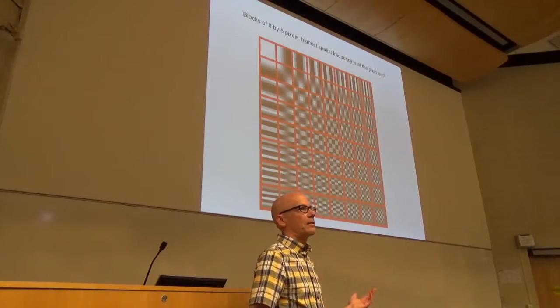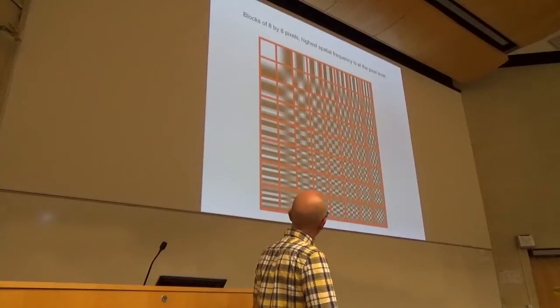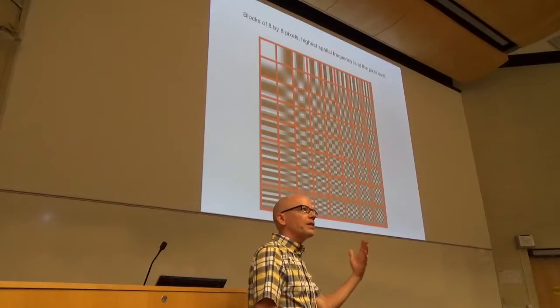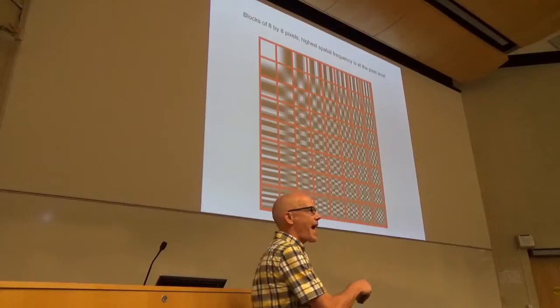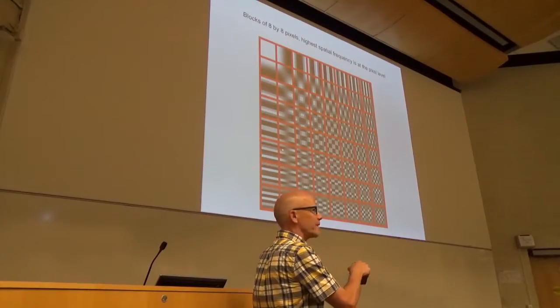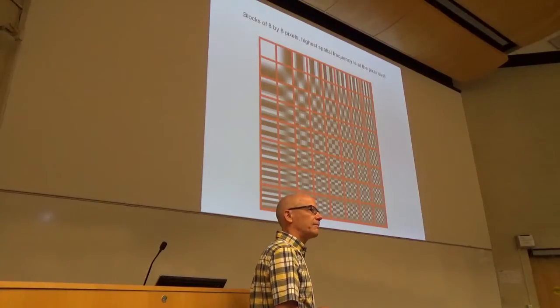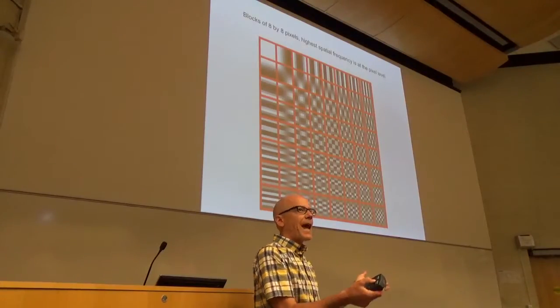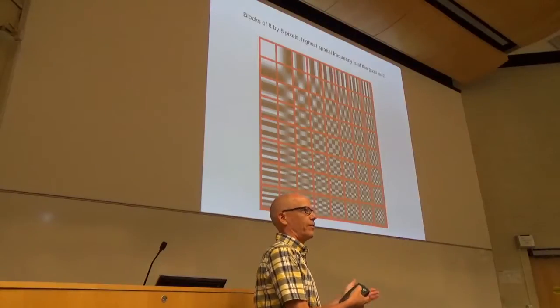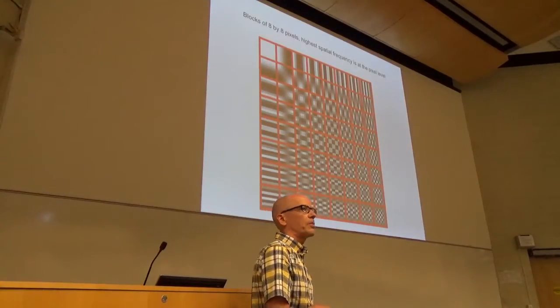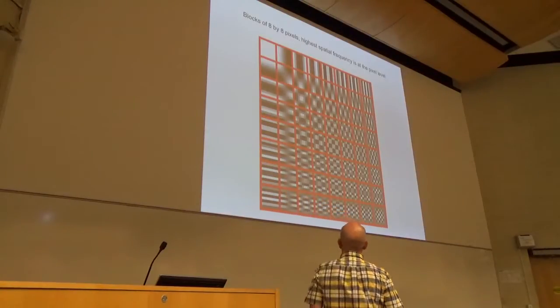That's the idea behind JPEG. So what do you do with that? If your particular pattern does not have this frequency in it, you don't need it. You throw it out. That's the act of compression: removing the information that you don't need to store in order to reproduce a particular pattern. So I can show you an example of that.